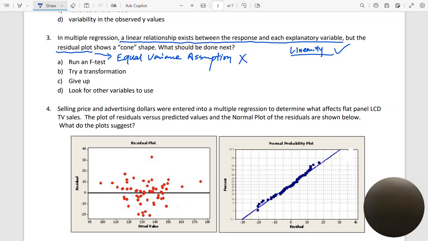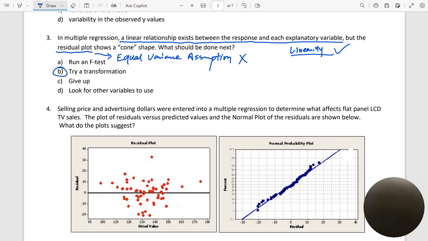So then what do you need to do next? Of course, the next step is that we want to fix this problem. Then, can you run an F test? Of course, you can run an F test, but it cannot solve this problem. It cannot improve anything. So what is our option? Try the transformation.